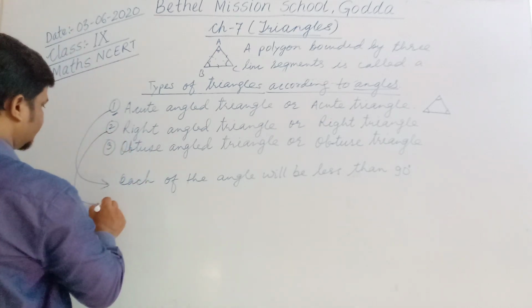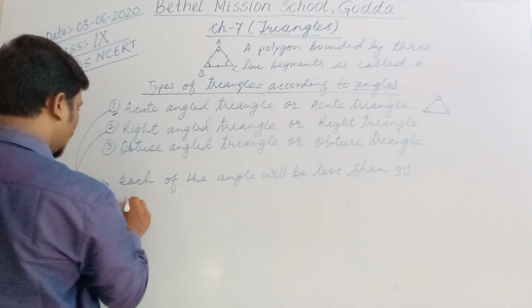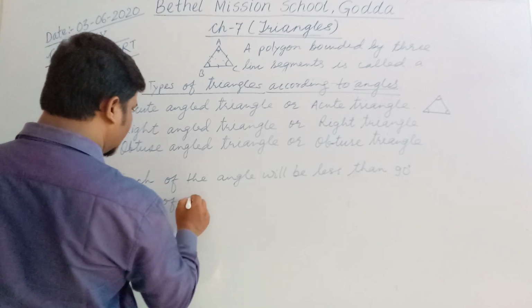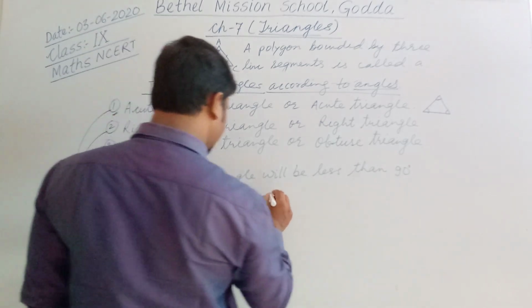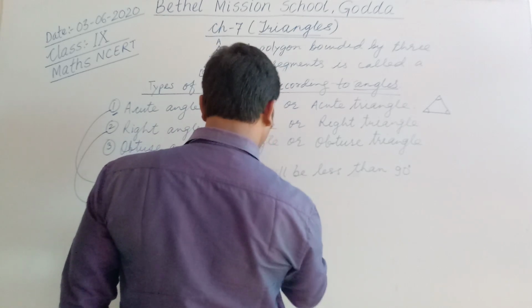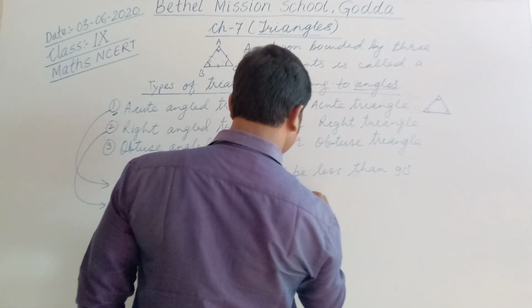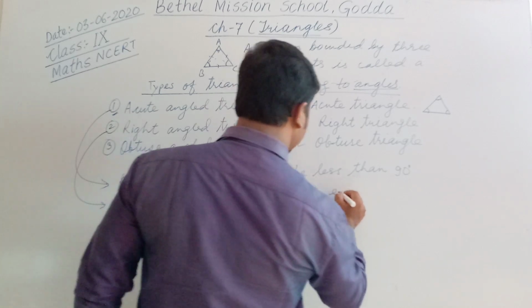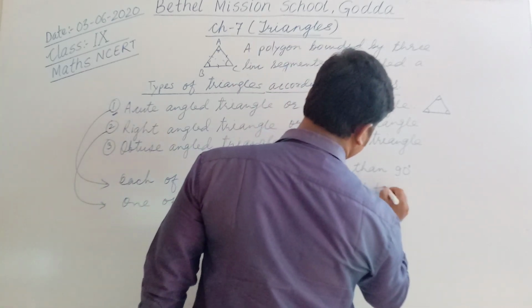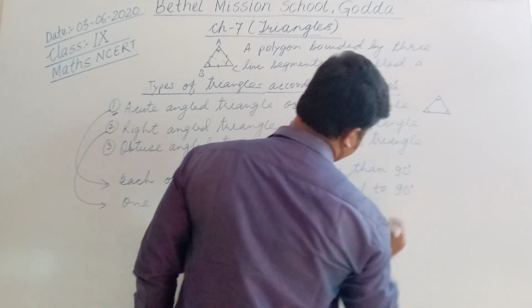Right angle triangle, one of the angles will be equal to 90 degree.